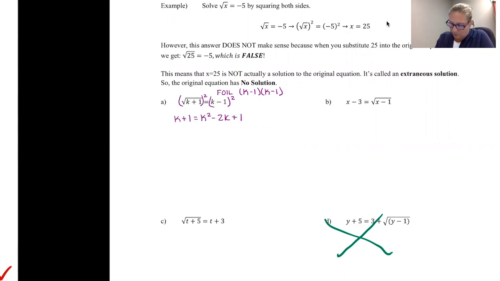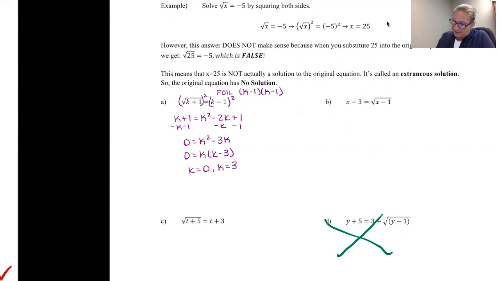Set the equation equal to 0 by subtracting k and subtracting 1. 0 equals k squared minus 3k plus 0. Factor the GCF of k. Set each factor equal to 0 and you get k equals 0 and k is equal to 3. This is a Math 1 skill that you should know. If you don't, please make sure you put it in your questions box.